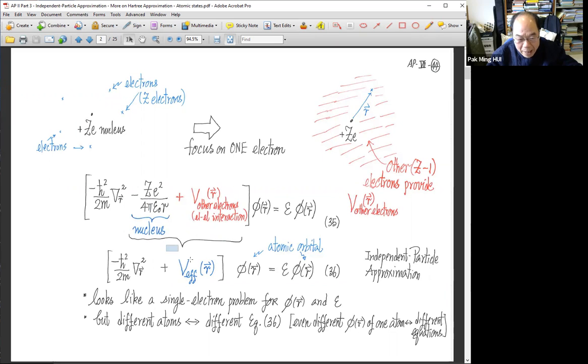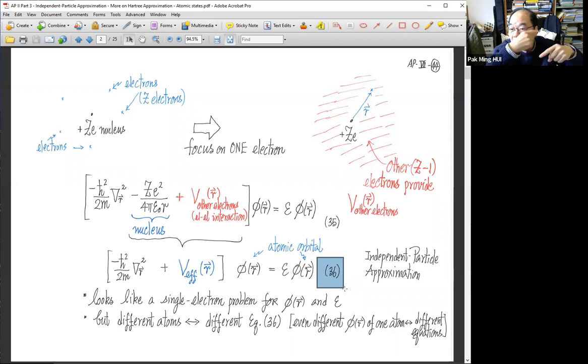These two can combine into an effective potential on the electron, and then this equation looks really like a Schrödinger equation. But as students in this particular course at CUHK, I really want you to understand there is a lot of hard work behind such a simple looking equation as we just discussed.